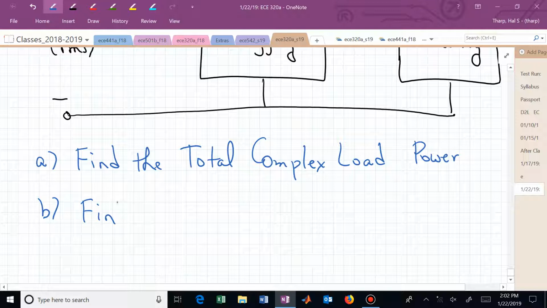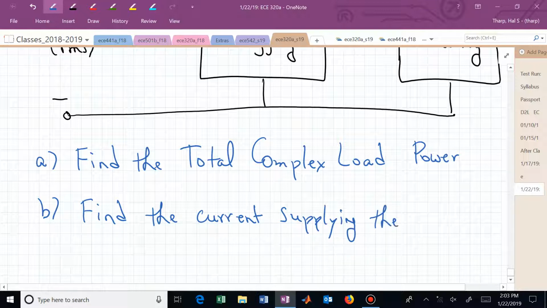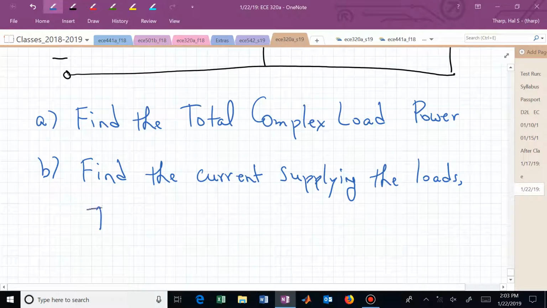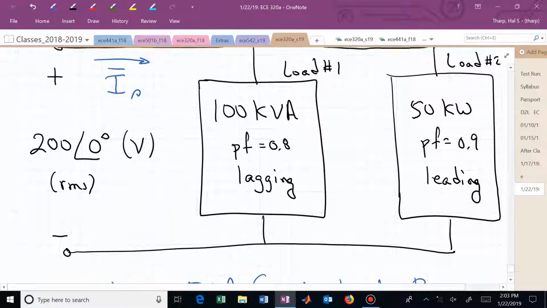We can then use the complex power expression to find the current supplying the loads. And that current is now I sub S bar.